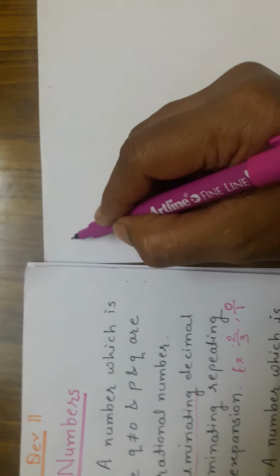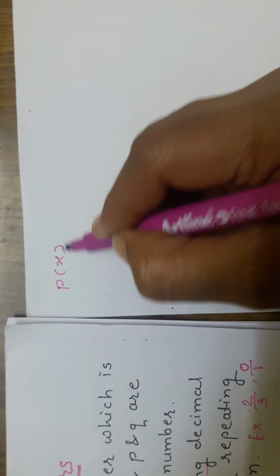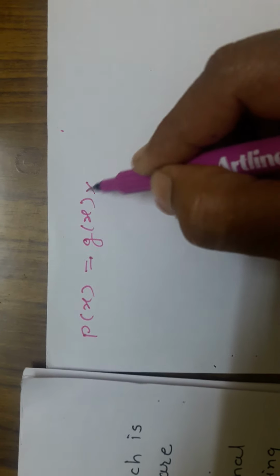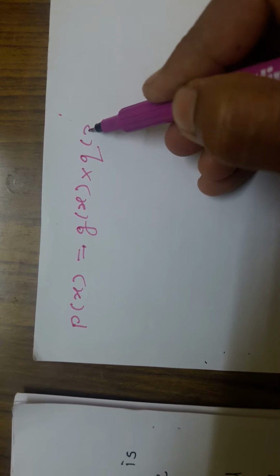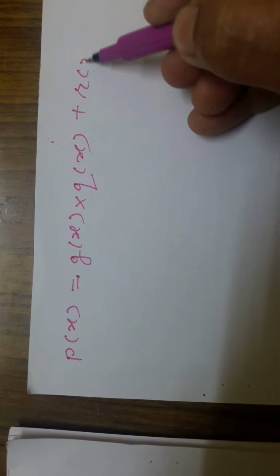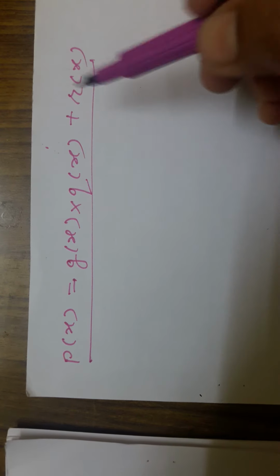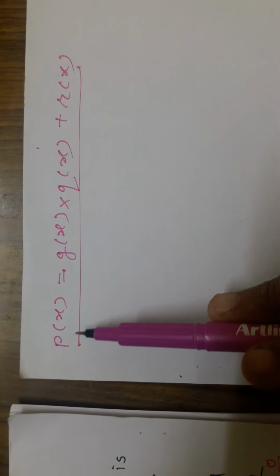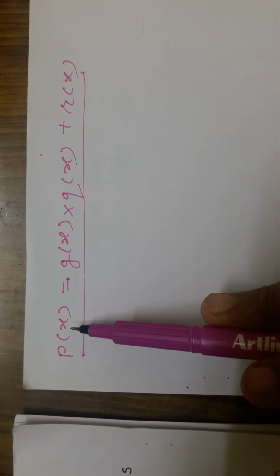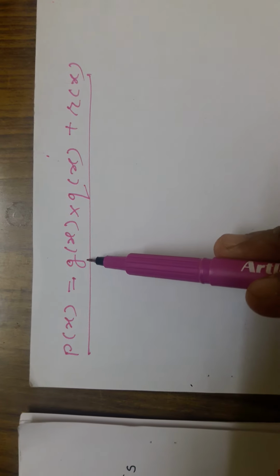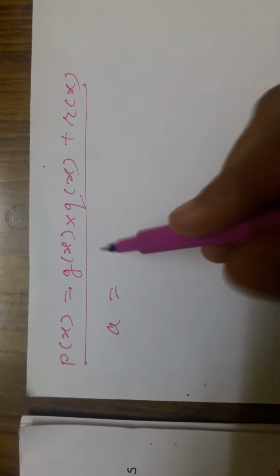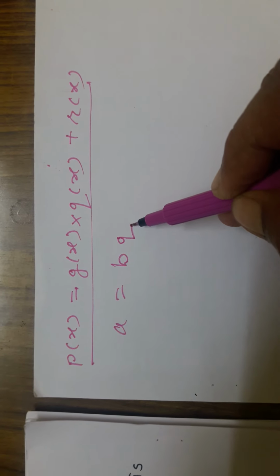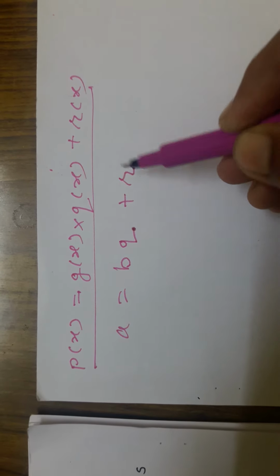We have a division algorithm for polynomials: p of x is equal to g of x into q of x plus r of x. Means division algorithm is the same as Euclid's division lemma. In place of p of x we use a, in place of g of x we use b, in place of q of x we use q, and this is r.